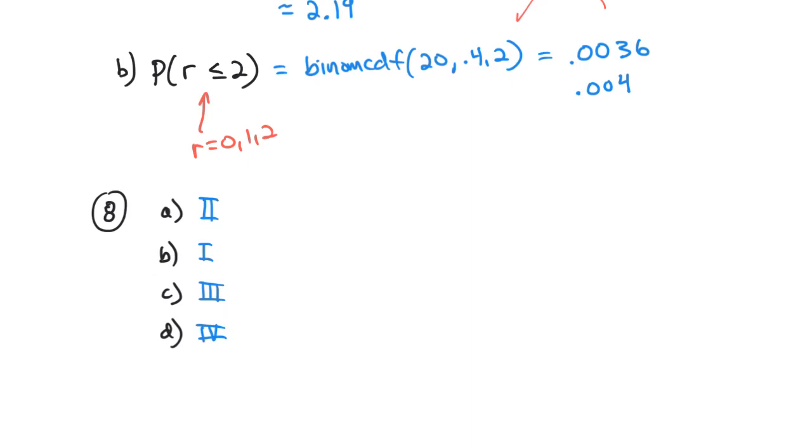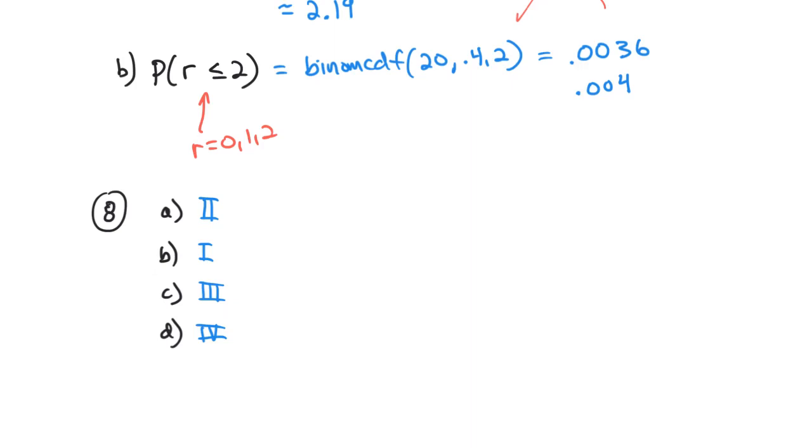What about when P is close to 0? So you've got a small rate of success. It means there's going to be very few successes. Well, I shouldn't have really said a lot of failures.